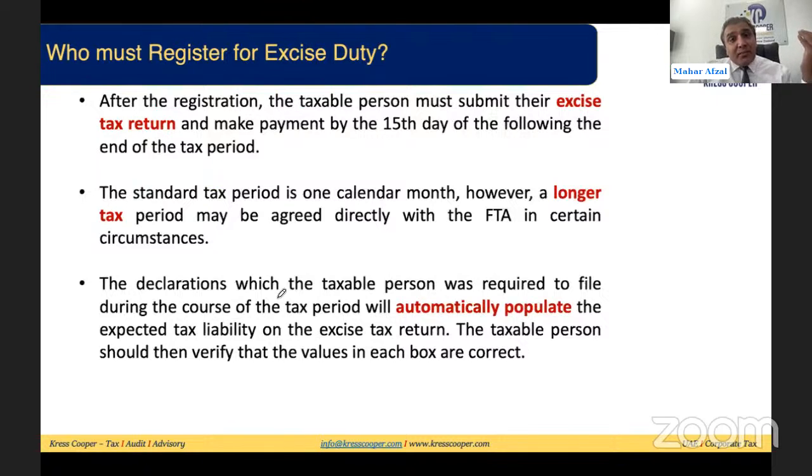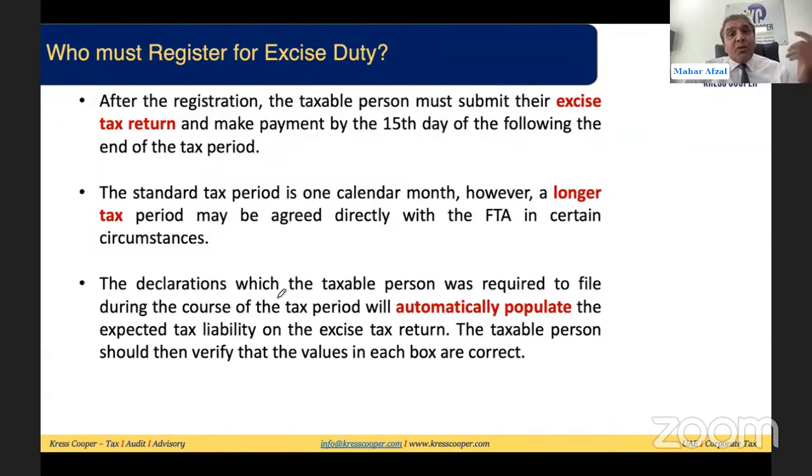We have discussed previously that whenever goods are released from the designated zone or imported, every person who is subject to excise duty needs to pass a declaration. This declaration is online, and once they pass it, the FTA system gathers the record.